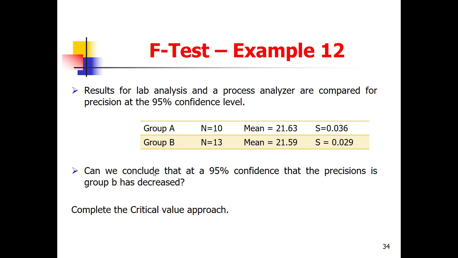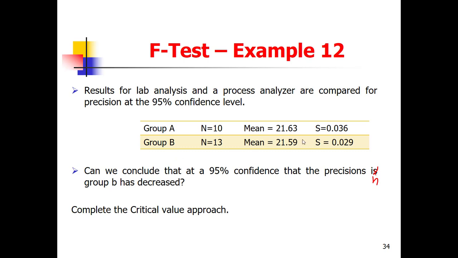Question: can we conclude that at a 95% confidence level, that precision in group B has decreased?